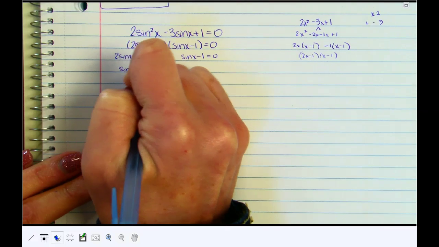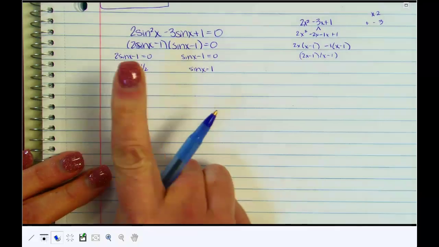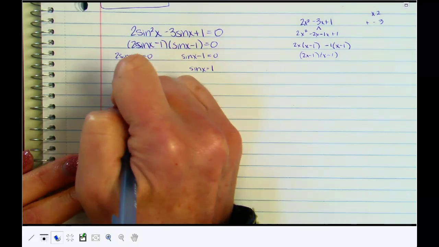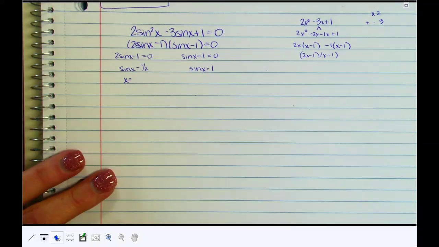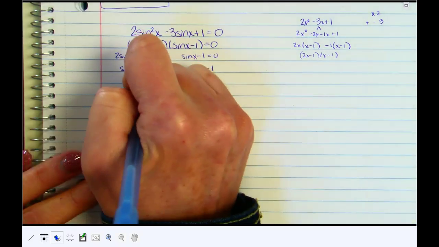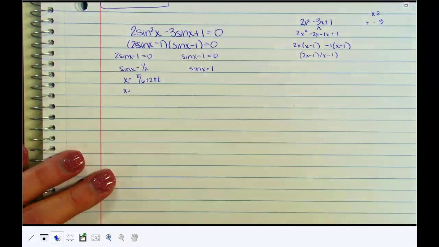So if sine x equals 1/2 and sine x is equal to 1, what do you get to solve sine x? What's your answer? Sine x equals 1/2, sorry. Yep, pi over 6. So pi over 6 plus 2 pi k. And your next answer would be?